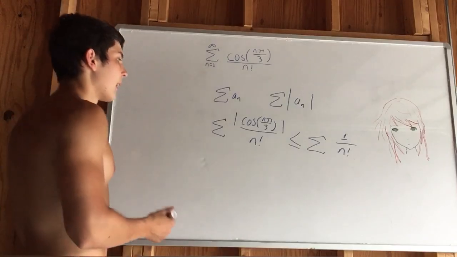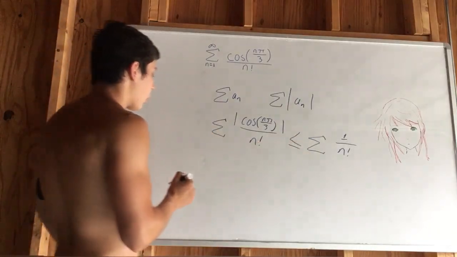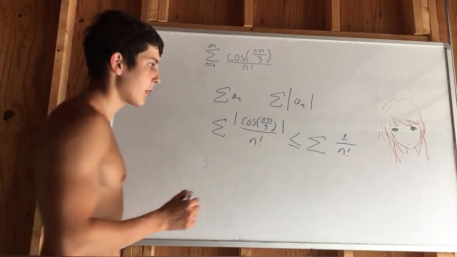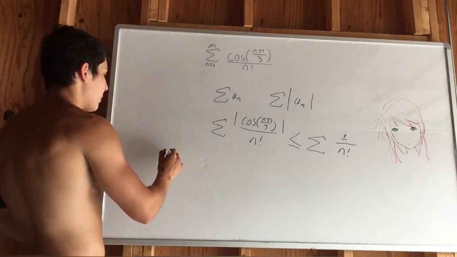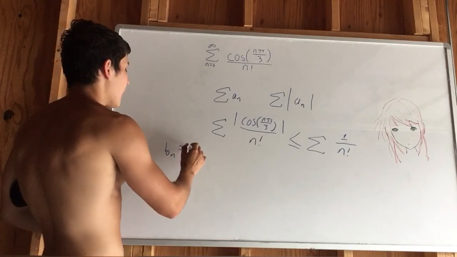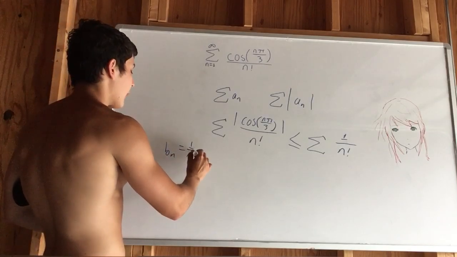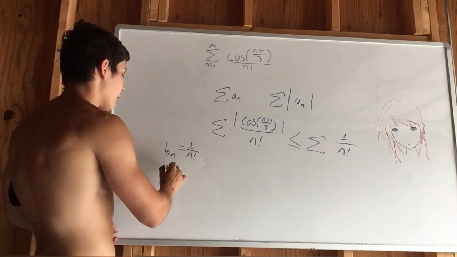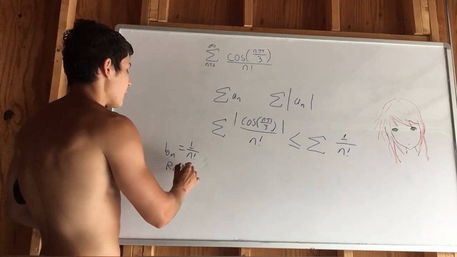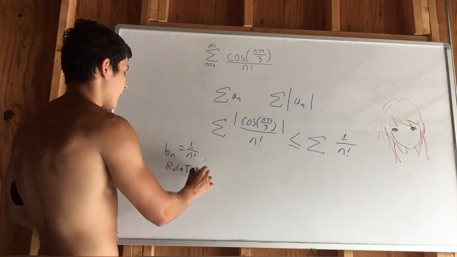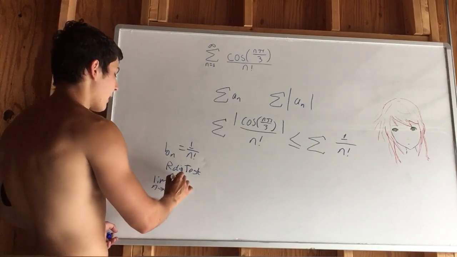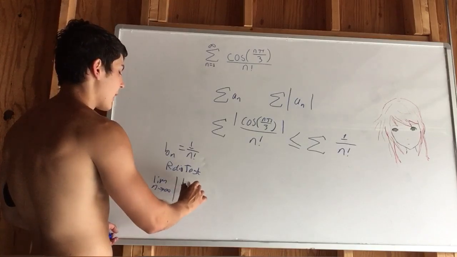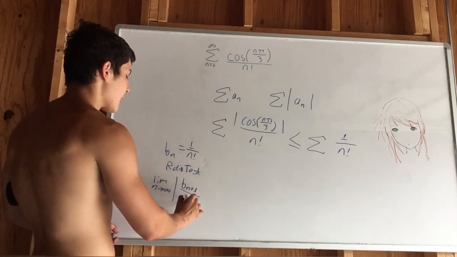Now we can find out what happens when we take the ratio test of our new series b sub n. So b sub n is going to be 1 over n factorial, and we're going to use the ratio test. The ratio test is when we take the limit as n approaches infinity of the absolute value of b sub n plus 1 over b sub n.